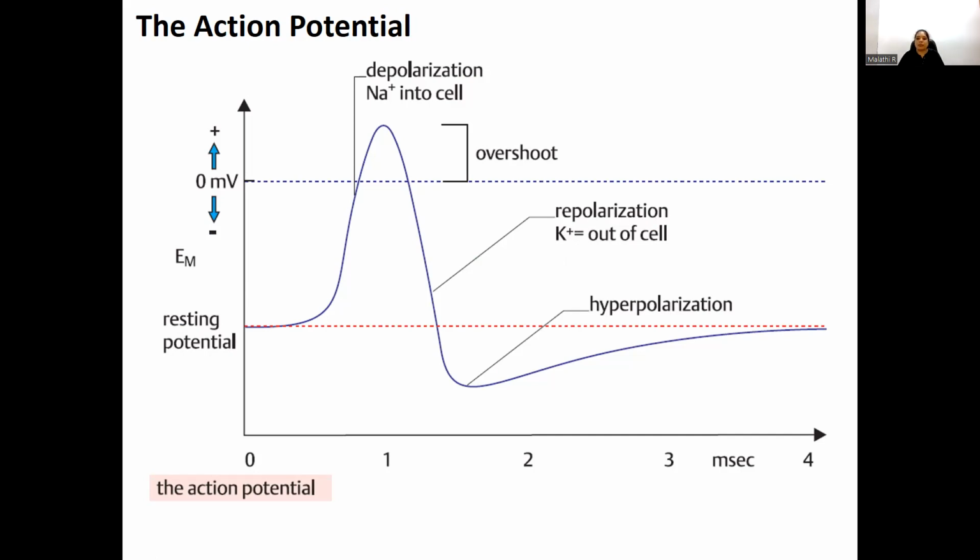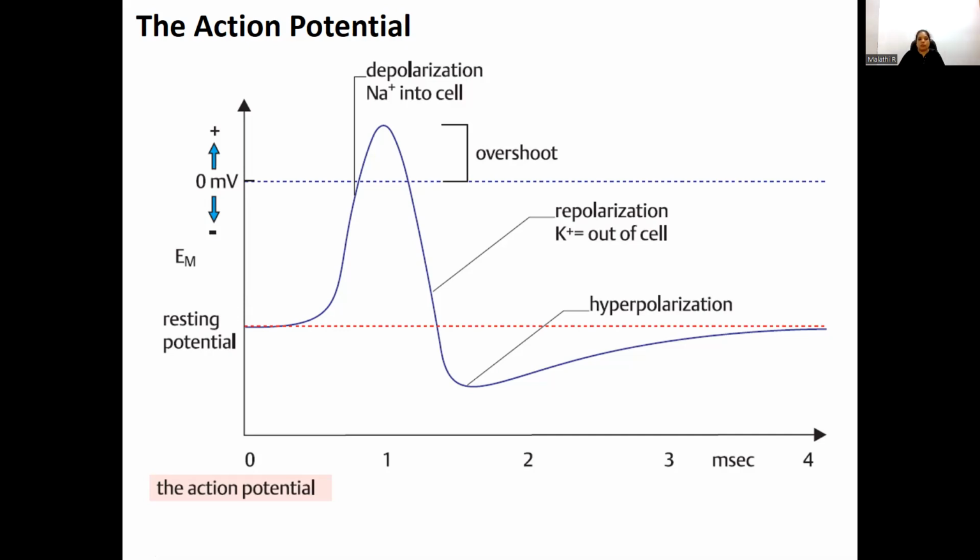The more K plus ions go out of the cell, the more it leads to hyperpolarization, which means the potential becomes more negative when compared to the resting membrane potential. After the hyperpolarization, the membrane will again retain its resting membrane potential. One single phase of depolarization followed by repolarization and hyperpolarization we call an action potential.